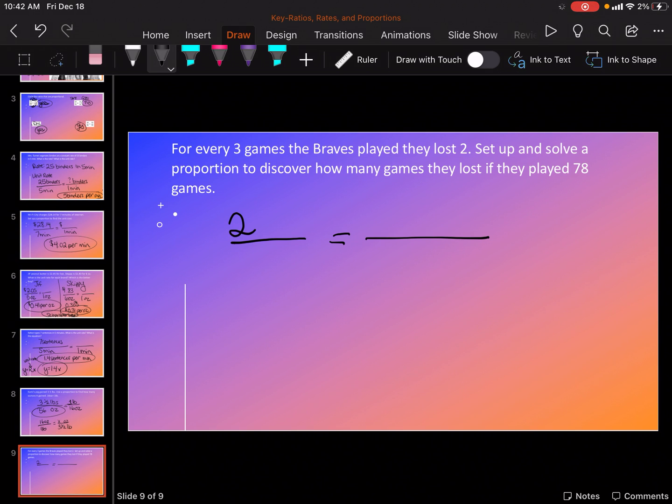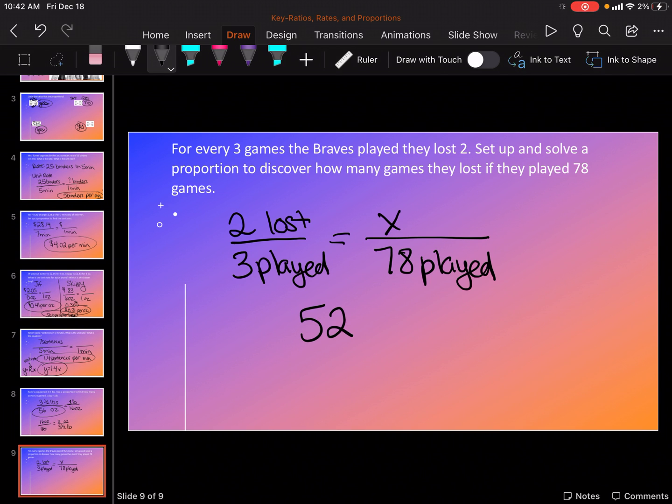So if they lost 2 and they played 3, and then we want to know how many they lost if they played 78 games. Cross multiply, divide. So 78 times 2 divided by 3 gets me 52 games lost.